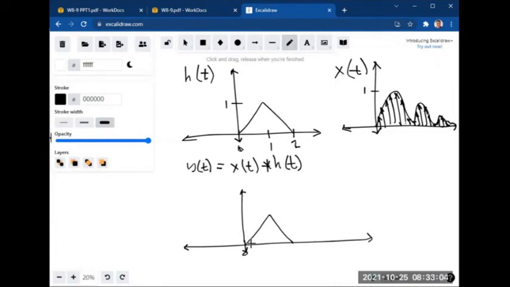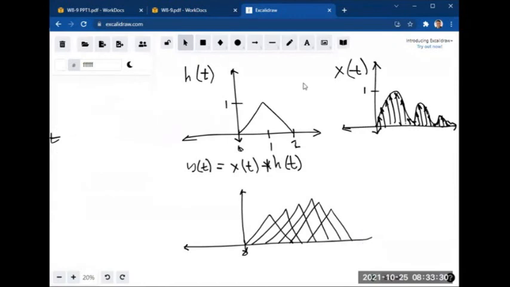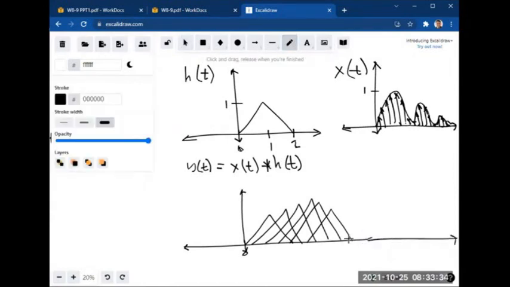Then next, for this arrow, we will have this one, and so on and so forth, until we see that the shape of the convoluted signal resembles the input signal, but this time it is filled with the pulse signal. So this will be a lot of triangles.